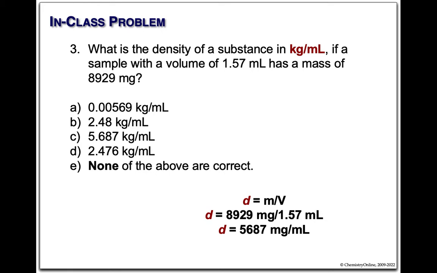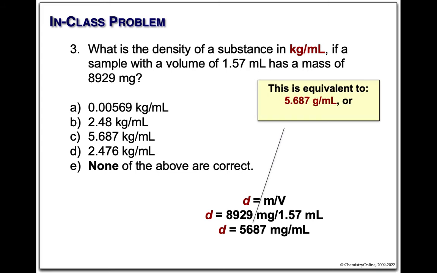That's 5.6 grams. But we want kilograms. How many grams in a kilogram? 1,000. So we divide it by 1,000 again. Convert that into kilograms by dividing by 1,000. 0.005 kilograms per mil.